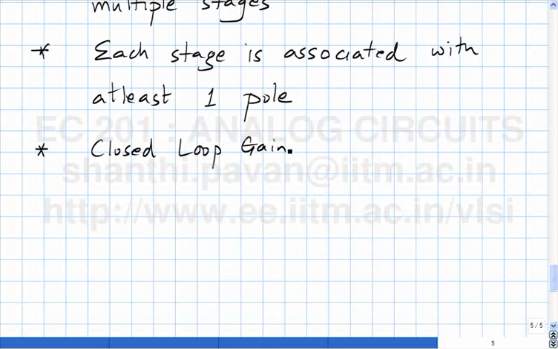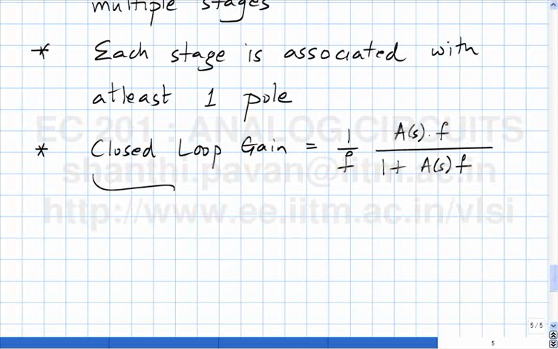If the open loop gain A is a function of frequency, then it follows that the closed loop gain is 1 over F times A of S times F by 1 plus A of S times F. So the closed loop gain is also a function of frequency.